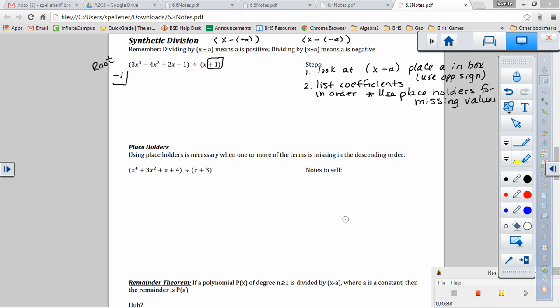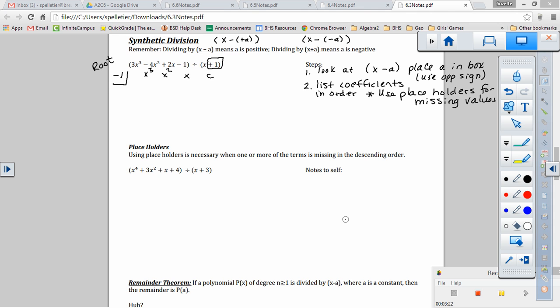For example, this one starts off with an x to the third. So I always like to do this: x to the third, x squared, x to the first power, and then my constant. That way I know I don't forget any. I go right down the line in order, and I make sure I don't forget any.